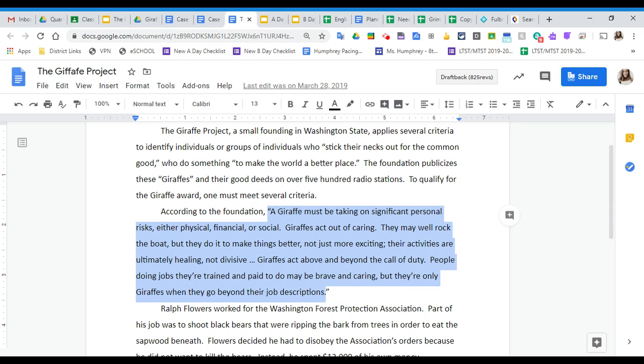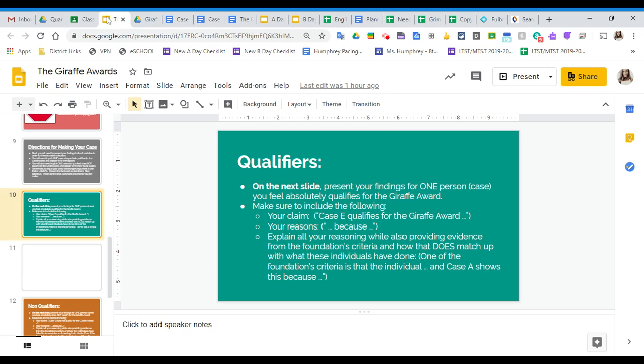If they only show one thing, that doesn't mean that they can't be a giraffe, but for your argument, your case for why this person might qualify, you want to try to pick somebody who qualifies in a ton of areas. So there's no doubt in my mind that this person qualifies as a giraffe, and you want to make sure that you explain that really well.